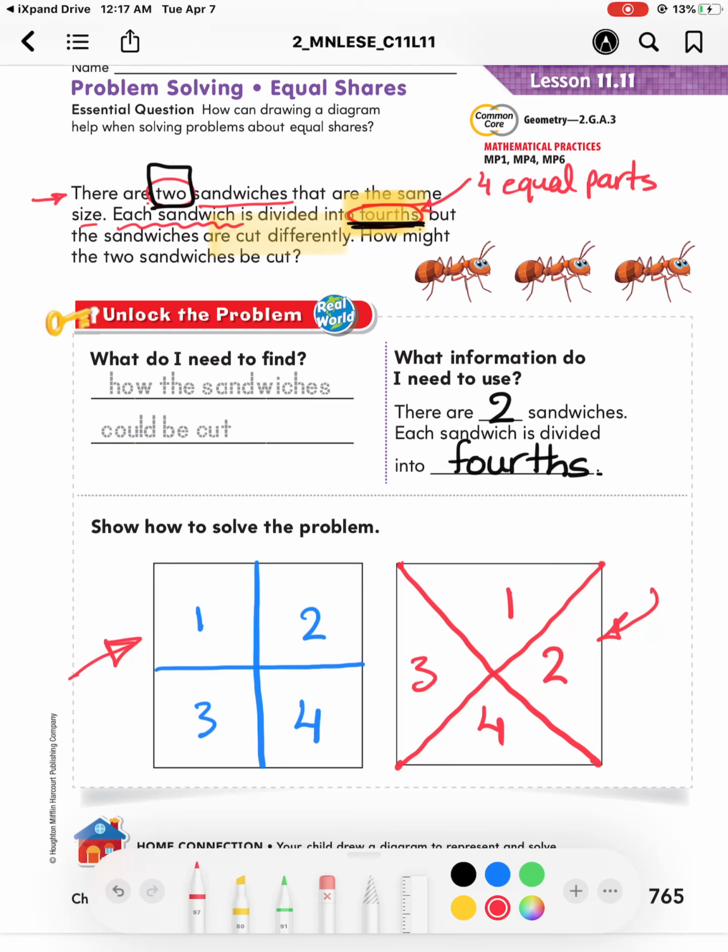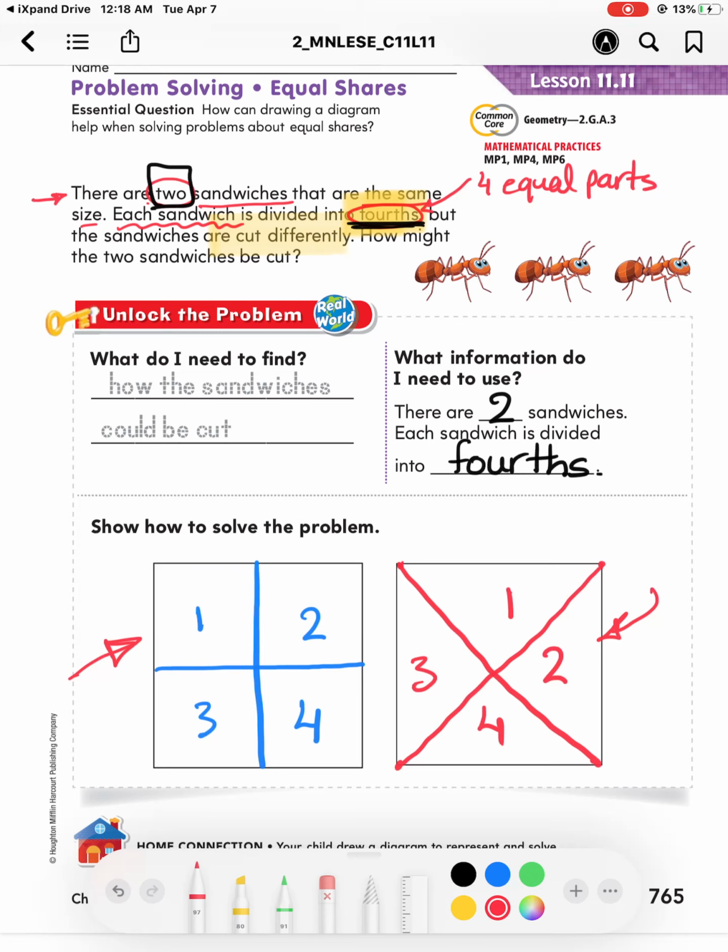So here we divided the 2 sandwiches differently. We cut them differently, okay? In the first square, we draw one vertical line and one horizontal line dividing the square into 4 equal squares. In the second square, we draw 2 diagonal lines to show 4 equal parts that are triangles, which are different shapes than the fourths in the other square, okay?